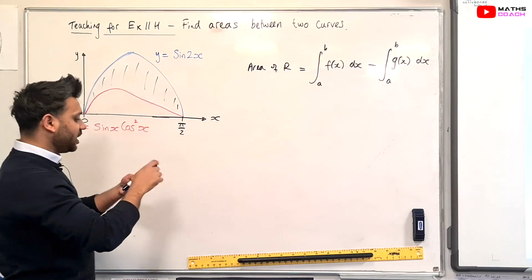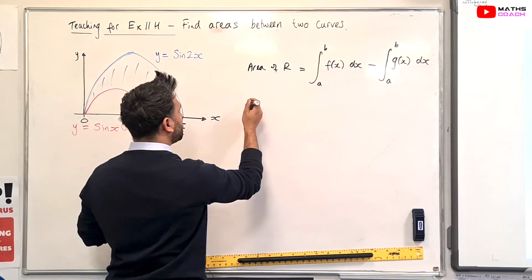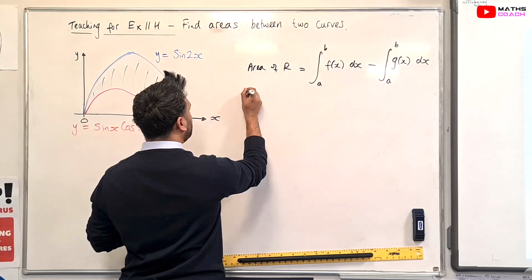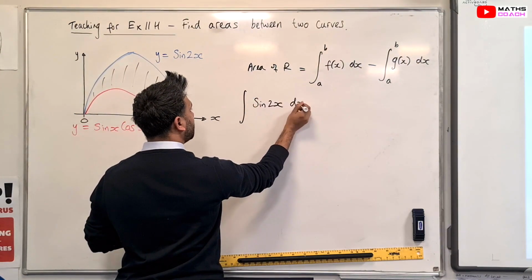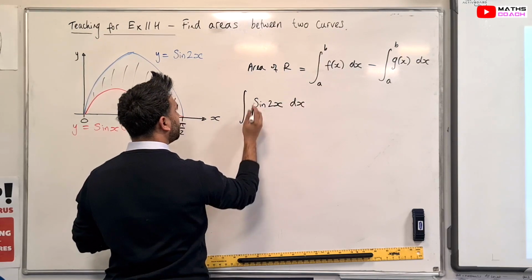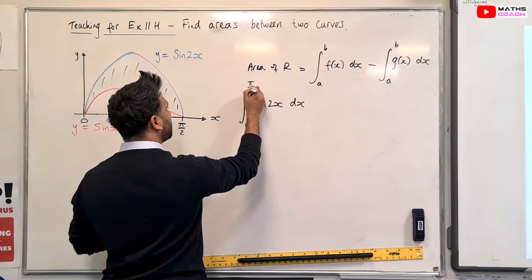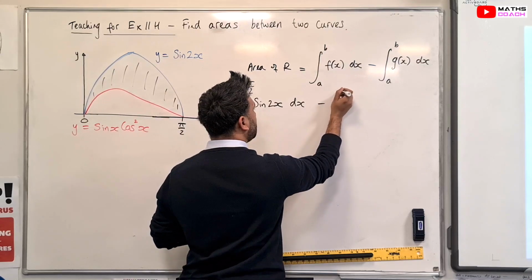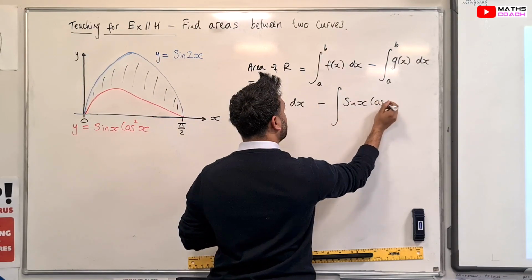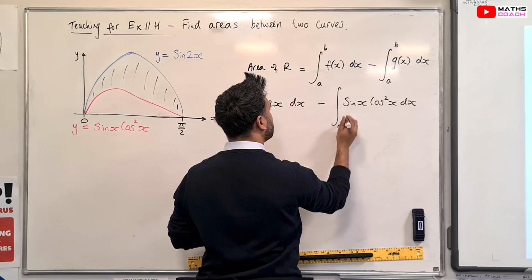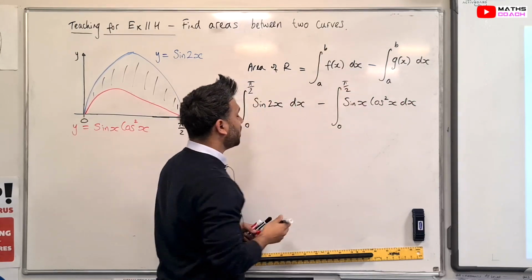So the area between two curves is given by the integration of the top curve, which is sine of 2x between x equals 0 and pi by 2, minus the integral of the bottom curve between 0 and pi by 2.